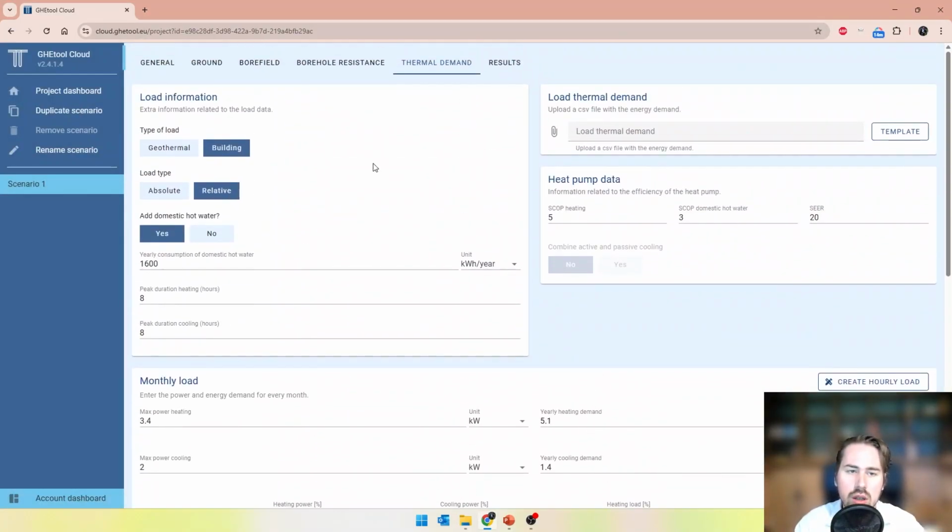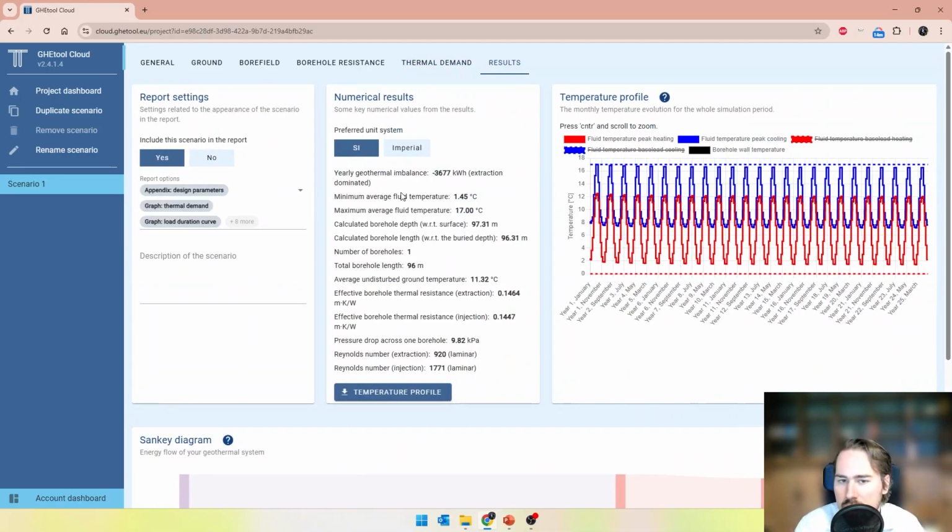So now we will simulate the situation for a single apartment. What's the required borehole depth for a single apartment? And we find out that one apartment needs one borehole of 96 meters deep. And as you can see here, we're limited by our cooling peak. So we do not reach our minimum temperature of 0 degrees.